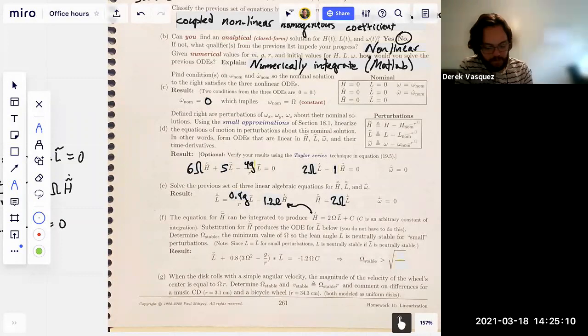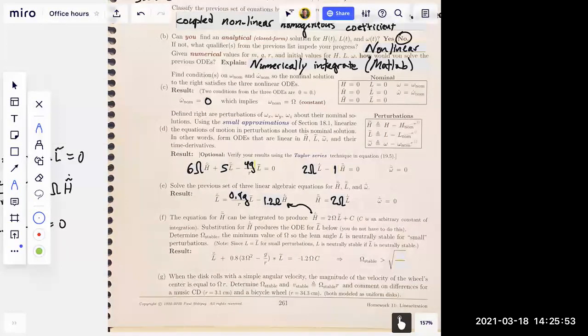Okay. So essentially, what we need to do here. So let's start here. So if L is nominally stable, what does that mean about its derivatives, L dot and L double dot?